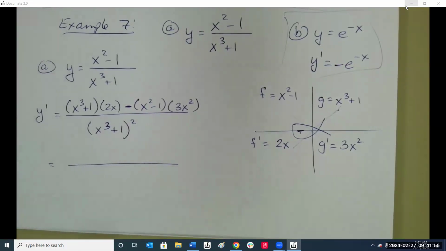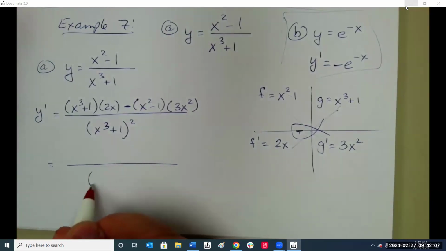What do I do next? Factor? Actually, can we factor anything? Yeah, let's distribute, get rid of the parentheses on top. Leave the bottom alone. Don't touch the bottom.